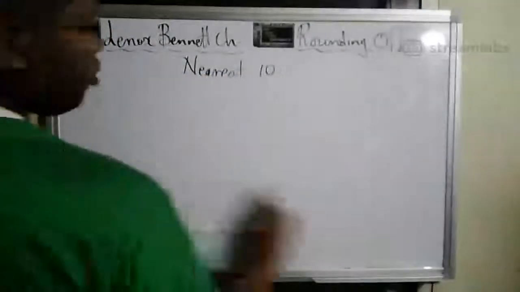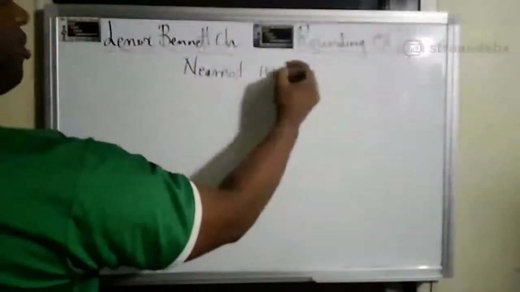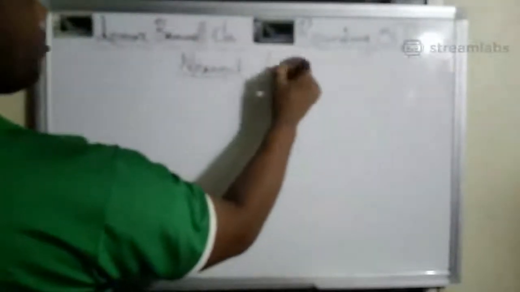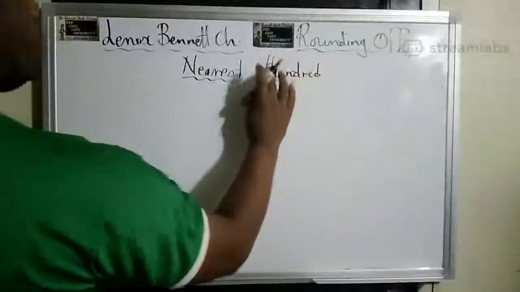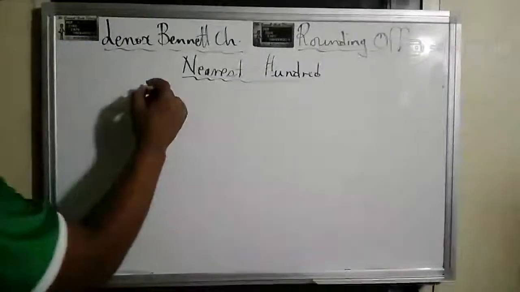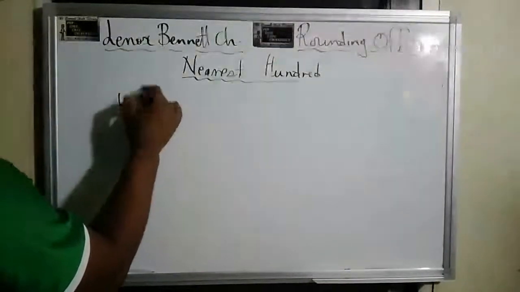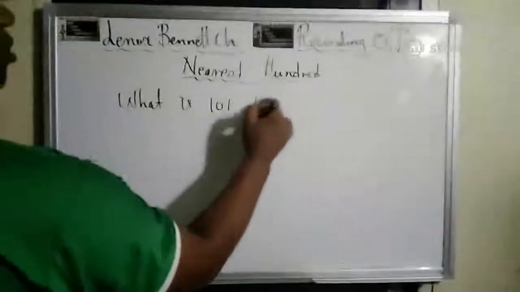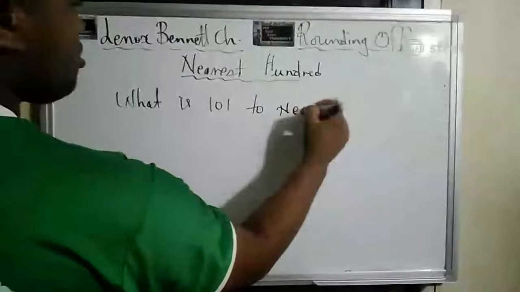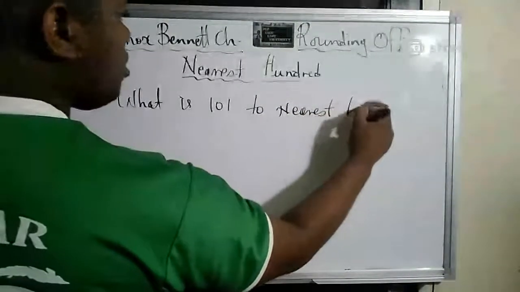Let's say rounding off to the nearest 100, and they like to give this at the primary level again. So they will ask us, what is 101 to the nearest 100?